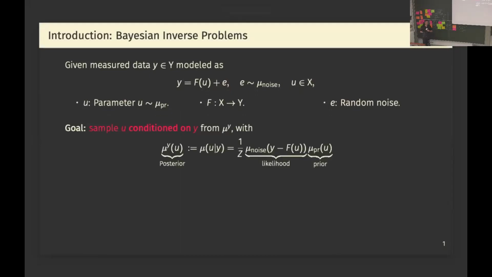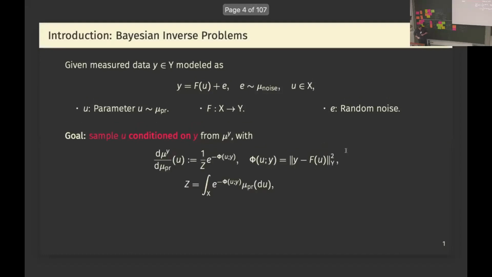The goal of a Bayesian inverse problem is to sample this set of unknown parameters u, conditioned on this noise-polluted measured data y, from its posterior distribution that I denote as mu y, that can typically be written in terms of a likelihood times a prior, where here the likelihood measures somewhat the misfit between y and f evaluated at u, and the prior encodes the information that we have on this set of unknown parameters before any data has been observed.